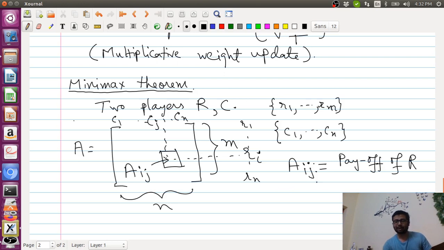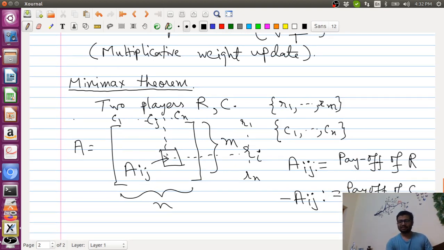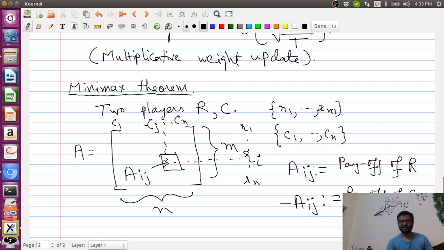And the payoff of C is just the negative of Aij. So that is why it is called a zero-sum game. The sum of the payoffs of the two players is 0. Or in other words, payoff of one player is the negative of the payoff of the other. You may imagine that if R chooses Ri and C chooses Cj, then C pays Aij dollars to R.